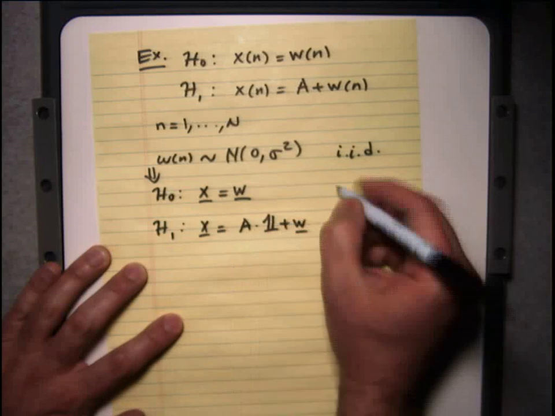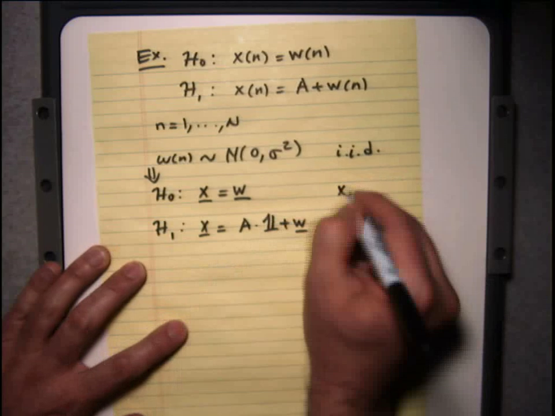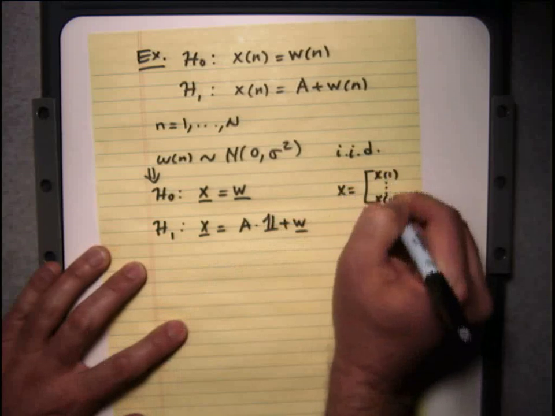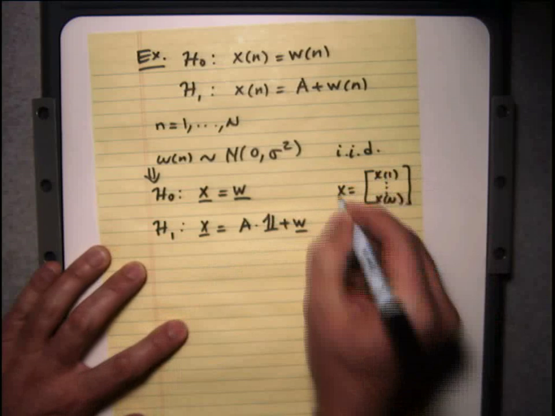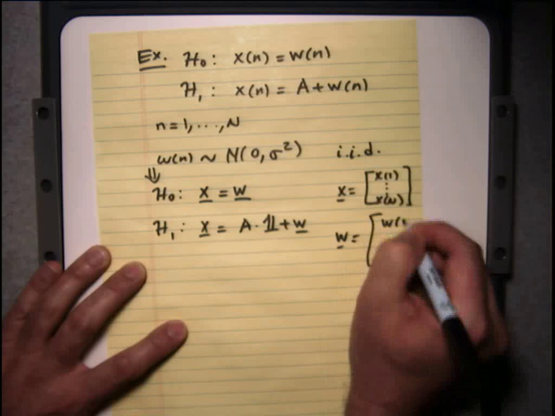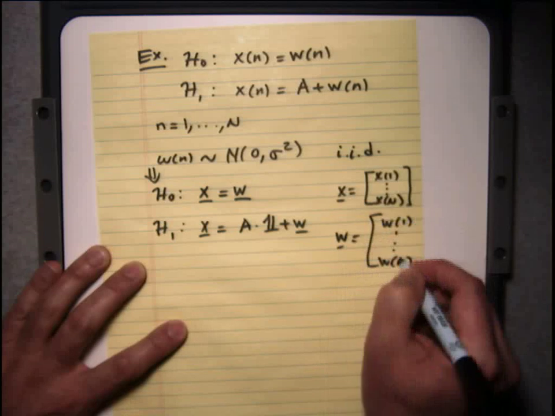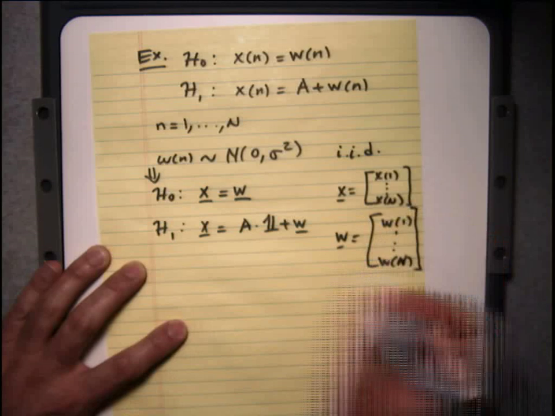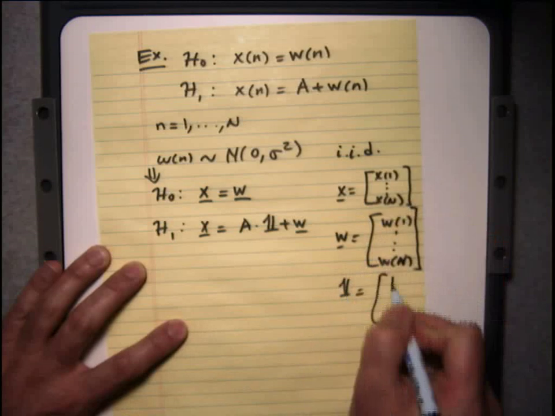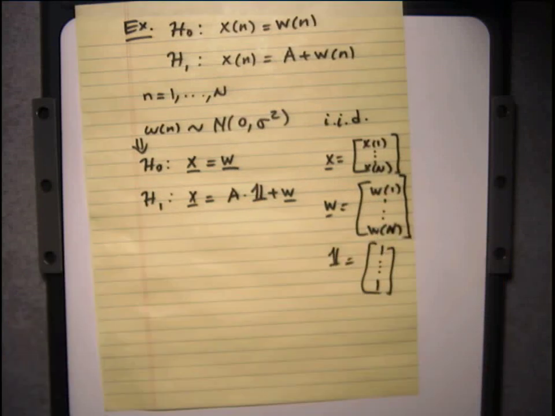So let me define these. x is x[1] through x[N], w is w[1] through w[N], and 1 is a vector of 1s. Is the notation clear?